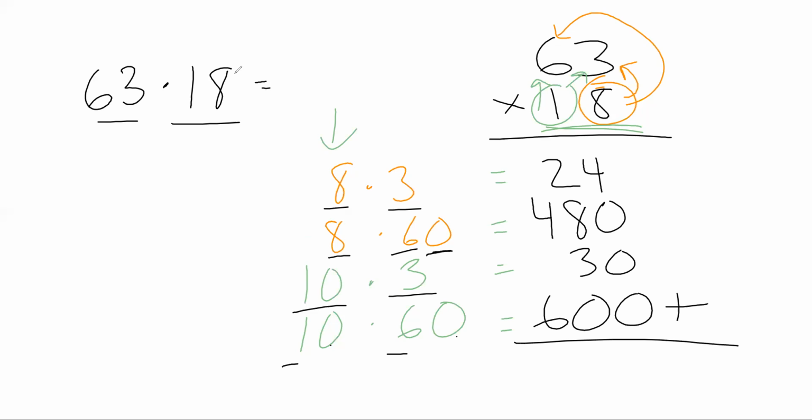Now we just add those up. 4, 10, 13, 10, and 11. And there's my answer, 1,134. So distributive property, partial products, these are both techniques that you can use.